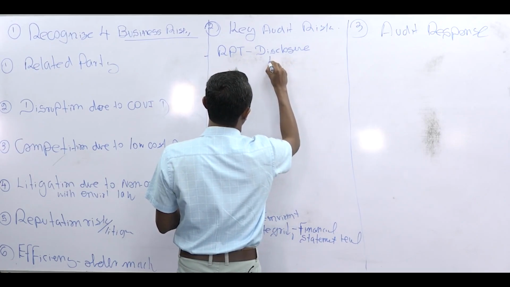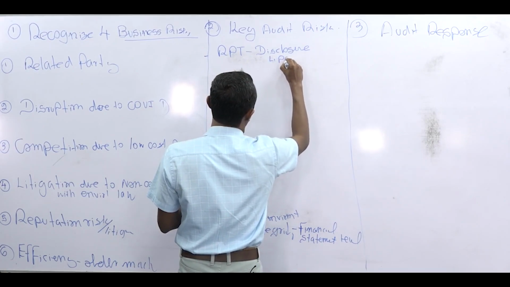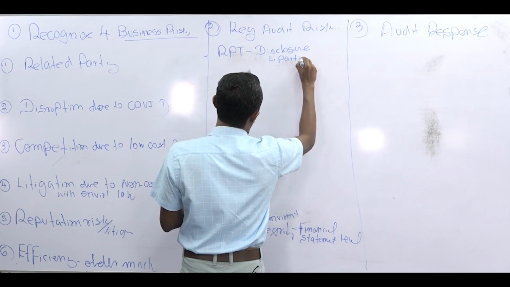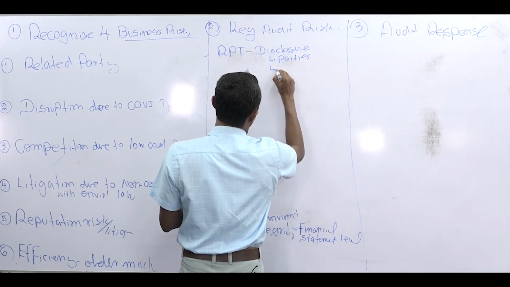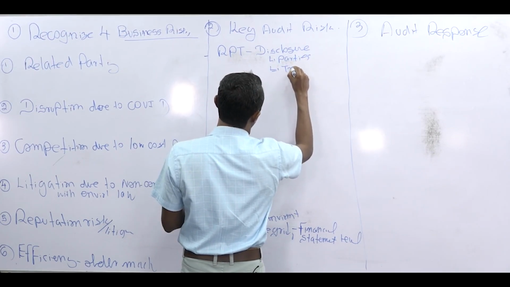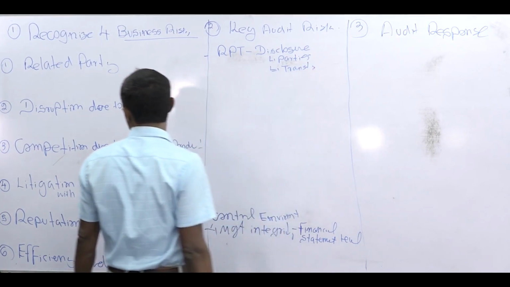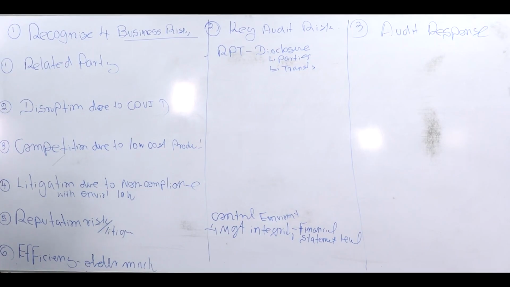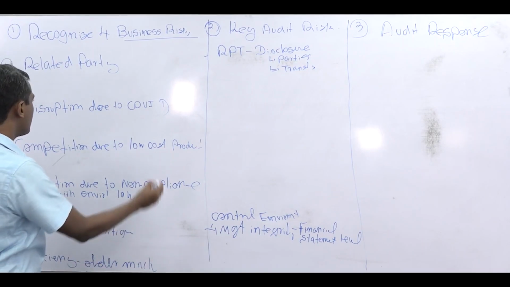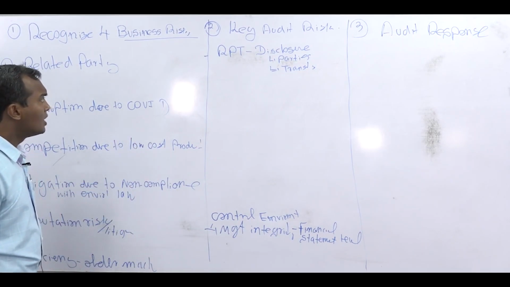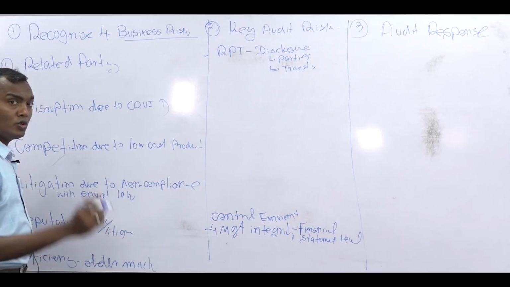Disclosure of 2 things. Remember, they have to disclose what the parties are and then the transactions with those parties. So both need to be disclosed. So that's related party.